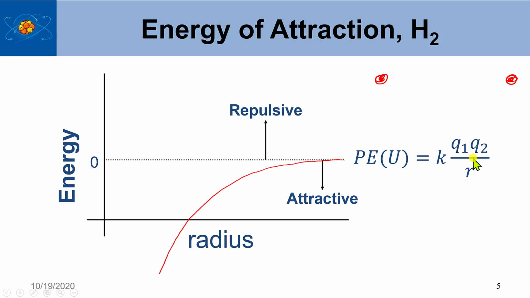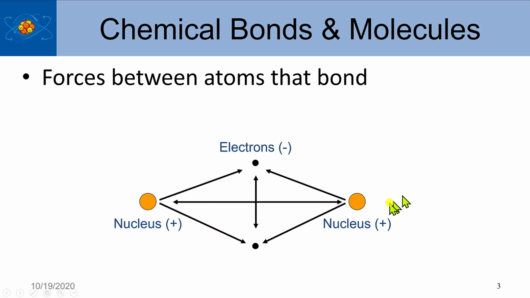Now, on the other hand, if you think about when two atoms are really too close, then what happens is these two, while they were attractive at some point, become repulsive, and these two become repulsive.